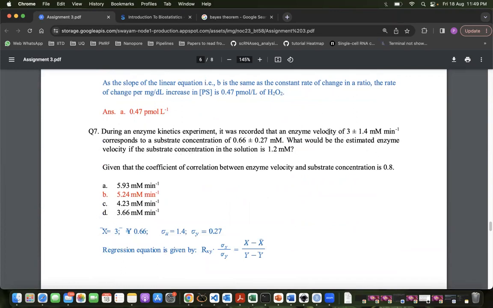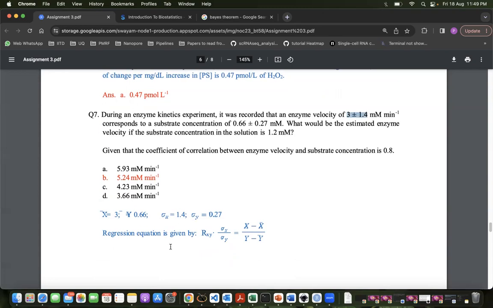Now, the important part is that this notation implies mean plus or minus standard deviation. So once you have that, you have the mean X bar and Y bar, and the standard deviation sigma of X and sigma of Y, and this formula is something that you can derive.